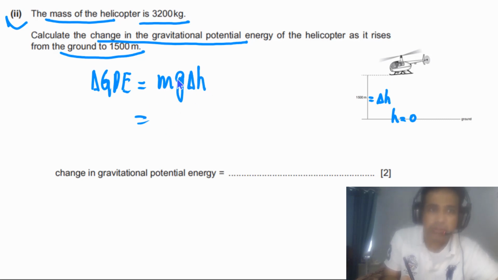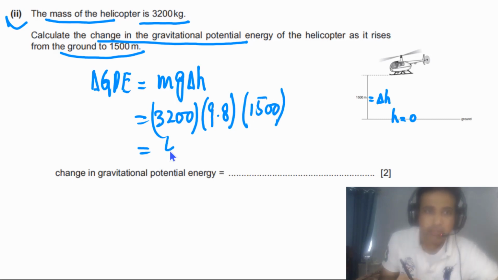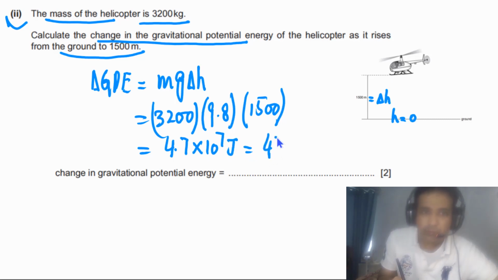So this is the change in gravitational potential energy. Mass of helicopter is given to us, that is equal to 3200, and for the value of g we can use 9.8, and the change in height we have is equal to 1500 meters. Now if we simply multiply, we will get our final answer, 4.7 times 10 to 7 joules, or we can say this is equal to 47 megajoules.